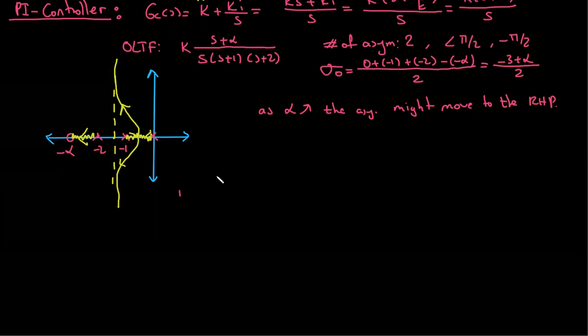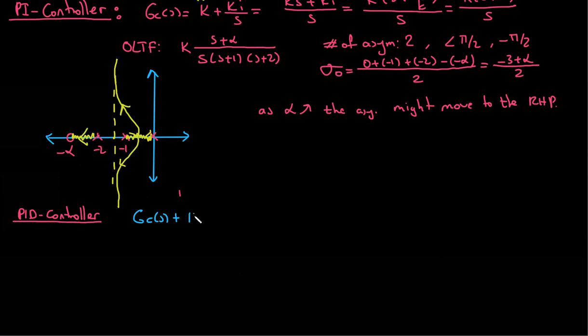So let's try to use a PID controller instead. Let me write down the PID controller and finalize our topic. So what is the transfer function of a PID controller?